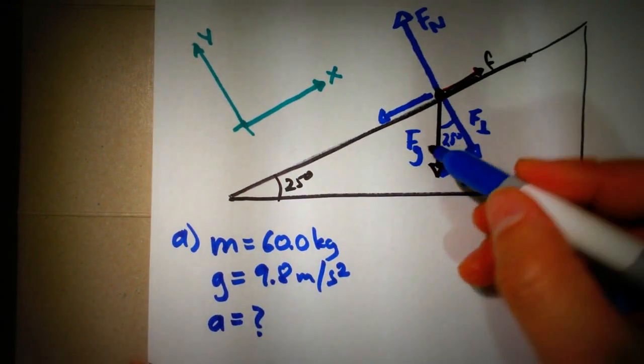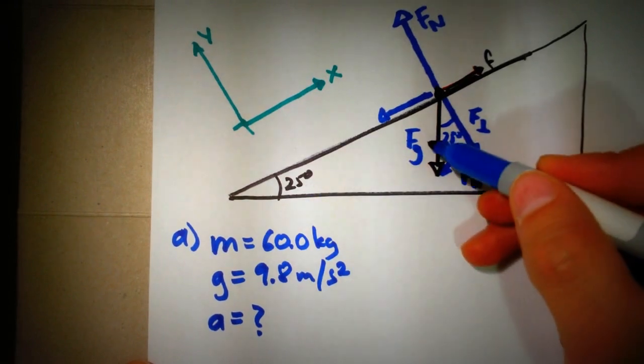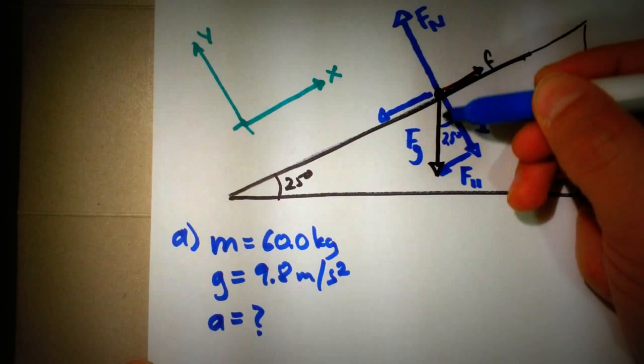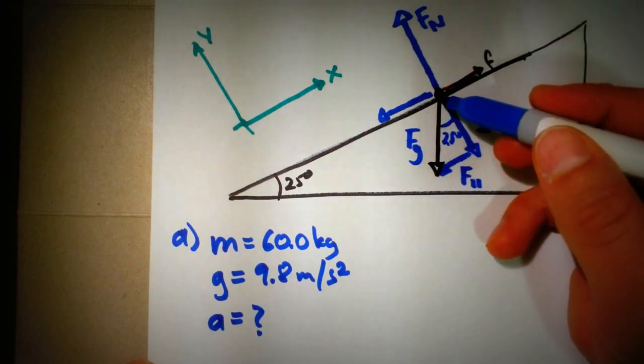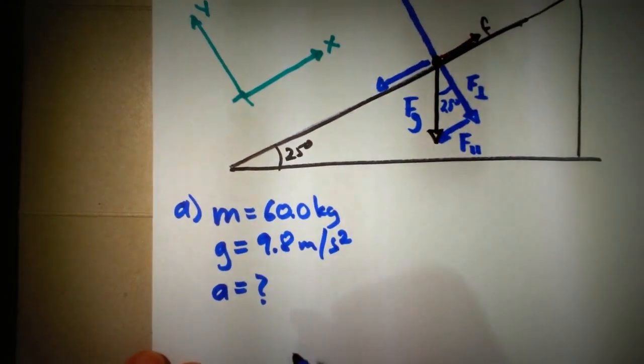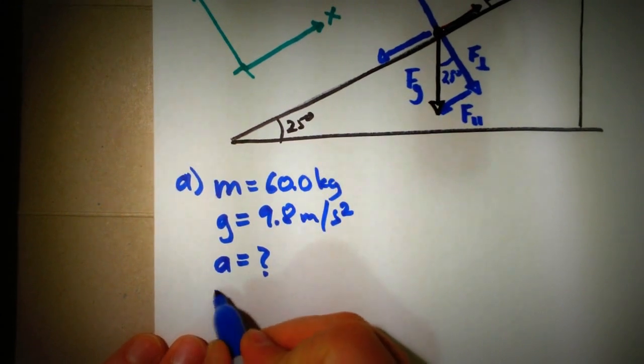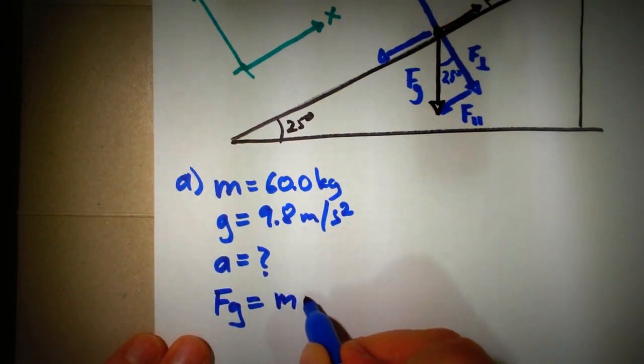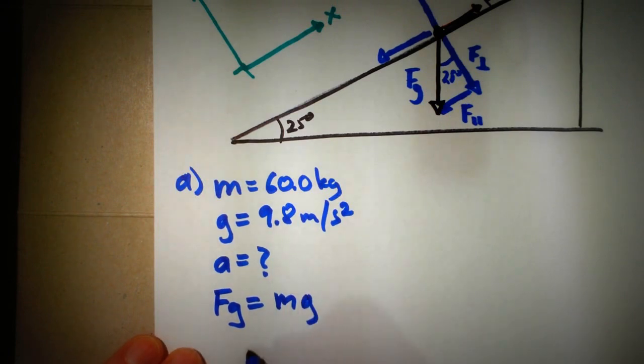Now, apart from the angle that is given to us, we also can figure out what the force of gravity is, since we know it's acting downwards. And so let's figure out the force of gravity first. We know that the force of gravity equals mass times acceleration due to gravity.